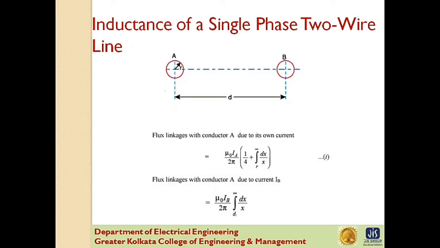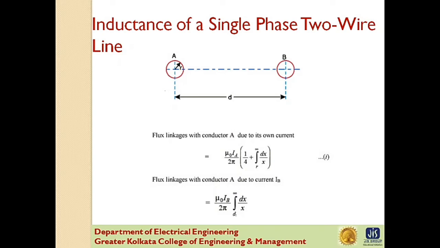Now it may appear that the inductance of a single phase line is negligible because it consists of a loop of one turn and the flux path is through air of high reluctance. But the cross-sectional area of the loop is very large, even for a small flux density. The total flux linking the loop is quite large and hence the line has appreciable inductance.